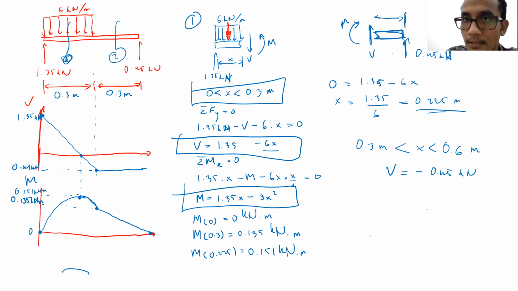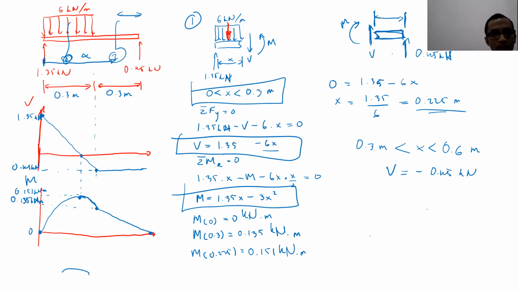Now, the most important part is the distance here. What is the distance there? Is it x minus 0.3, or 0.3 minus x? Nope. Remember, X is actually from the left side until the section. This is the distance we are talking about. The length here is not 0.3, but 0.6, the whole length.